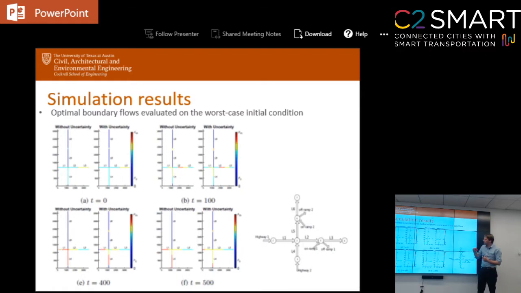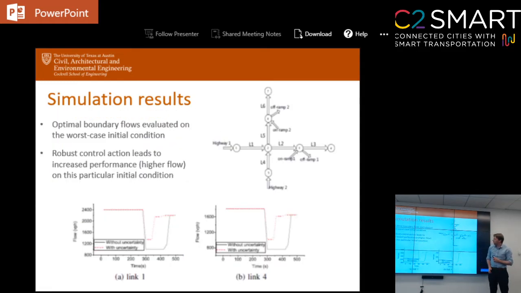But if you now evaluate the performance of the original algorithm on the worst case initial condition given our uncertainty, then that performance will be worse, obviously, than the robust control, because the robust control is meant to address exactly that. So if you don't take into account the uncertainty, the jams actually create faster and they last longer than if you take into account that uncertainty, where the jams tend to be smaller and to clear faster than the case without uncertainty.